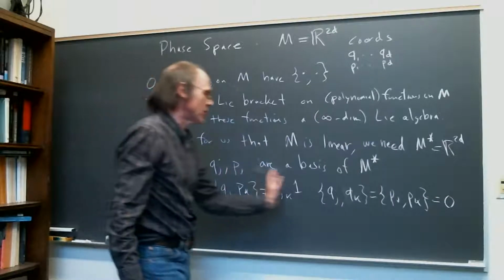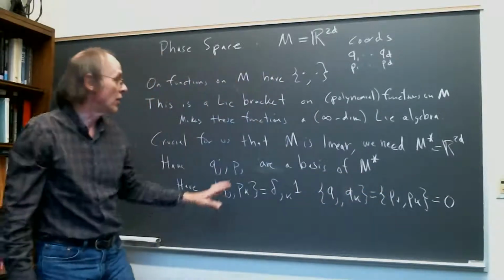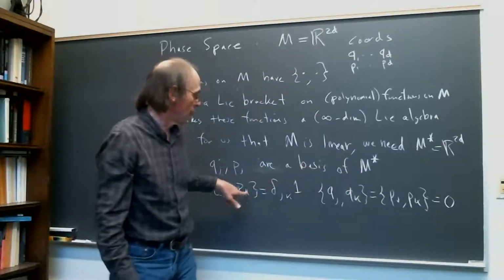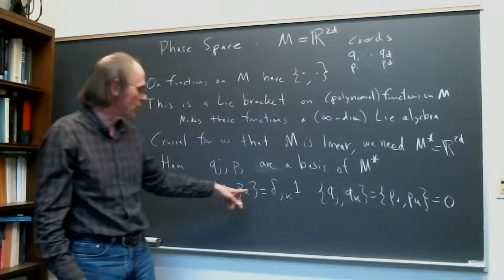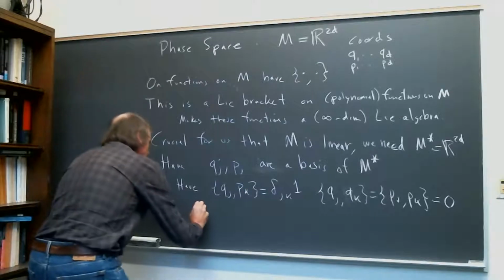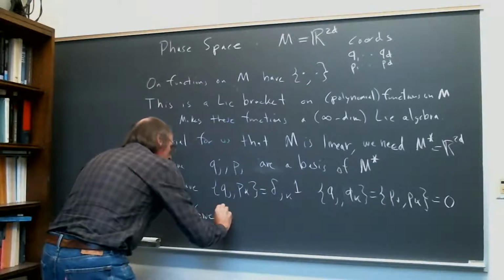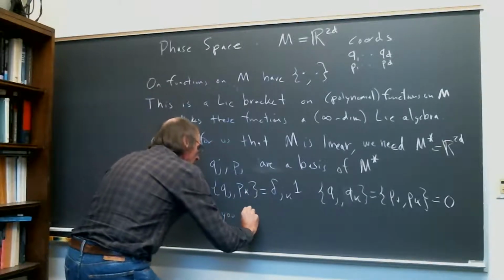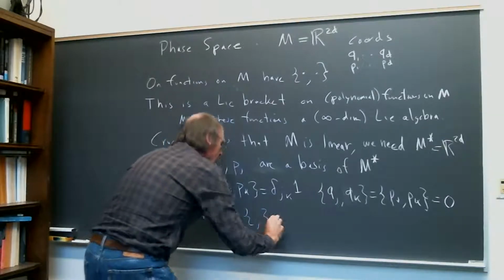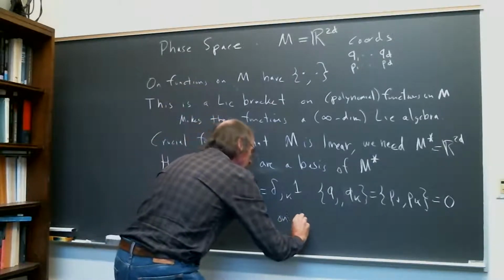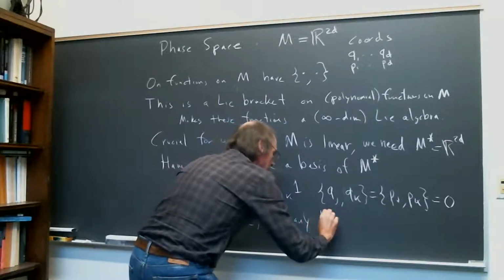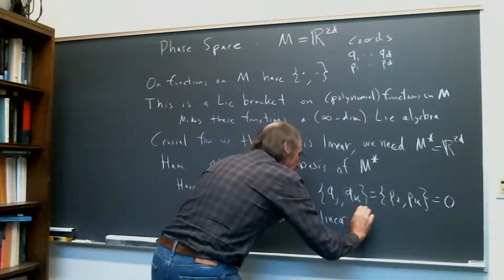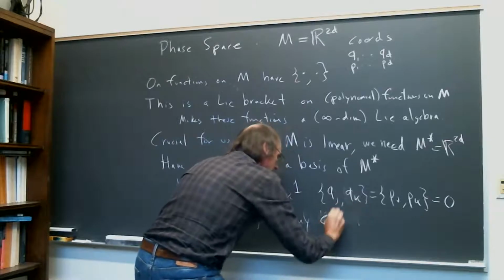So you have these basic relations, from these you can calculate the Poisson bracket on any linear function.